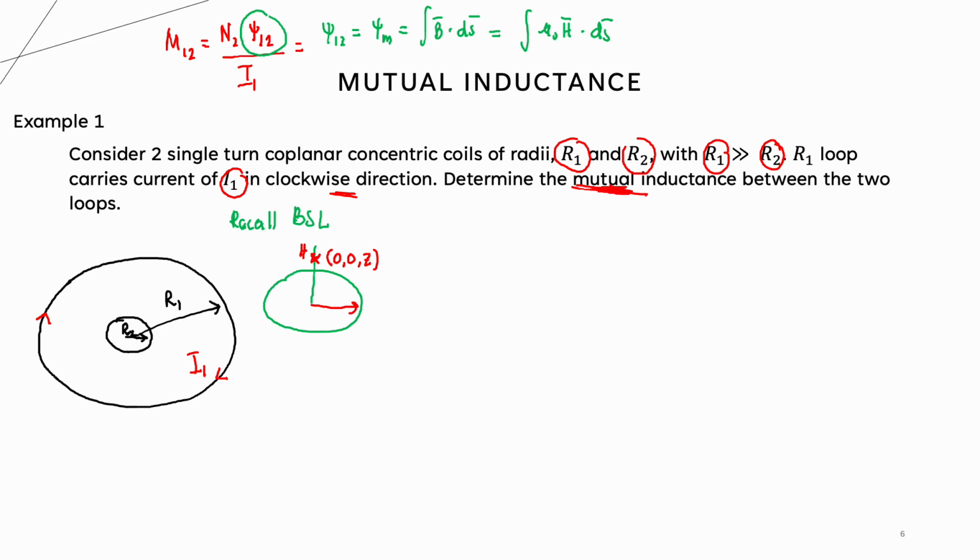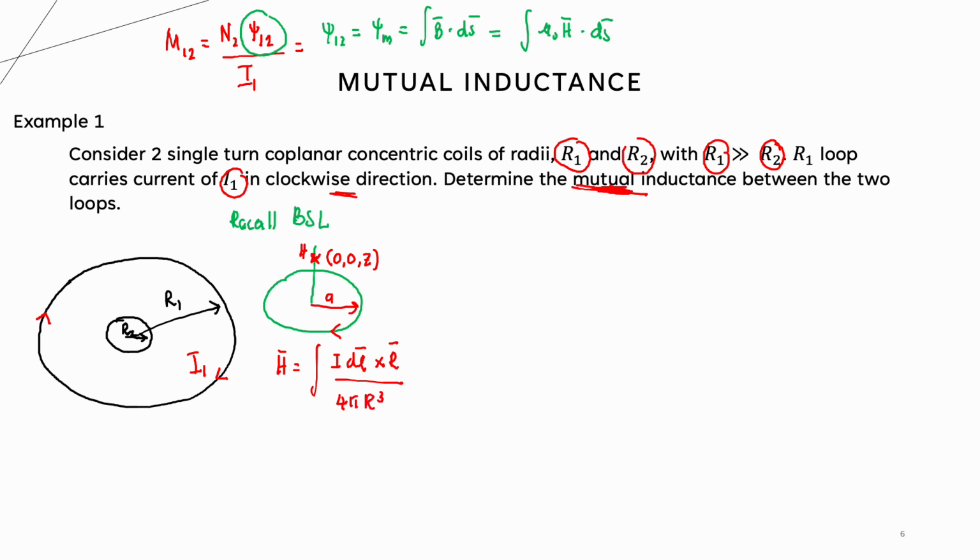The direction of current is also clockwise. H can be determined as the integration of I dl cross r over 4 pi r cubed.